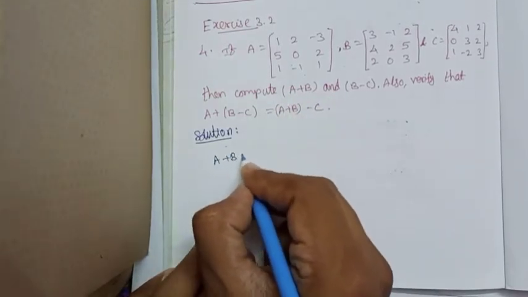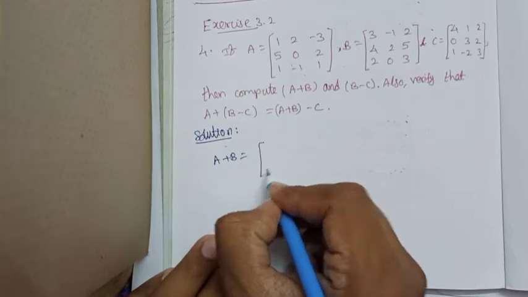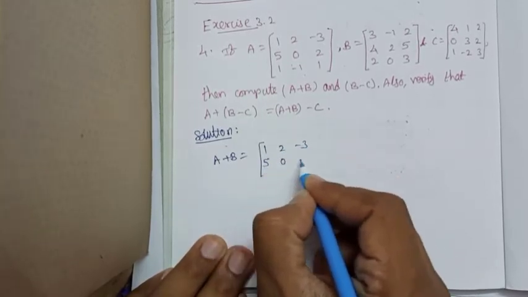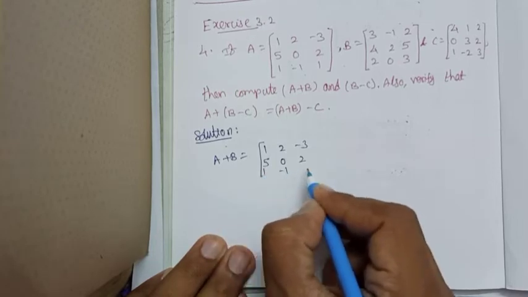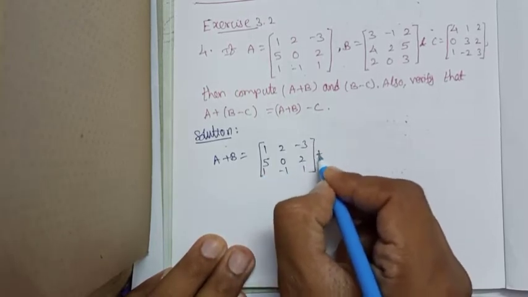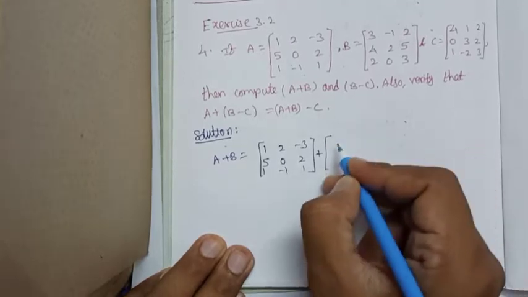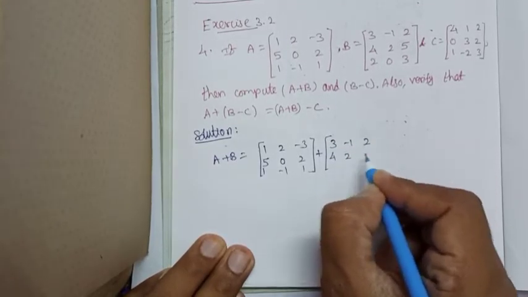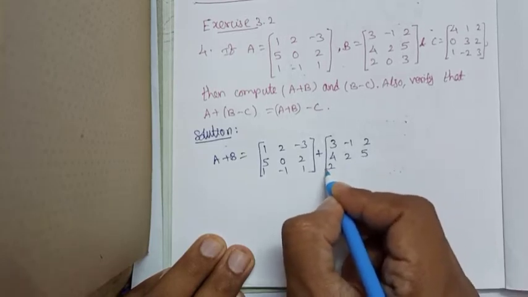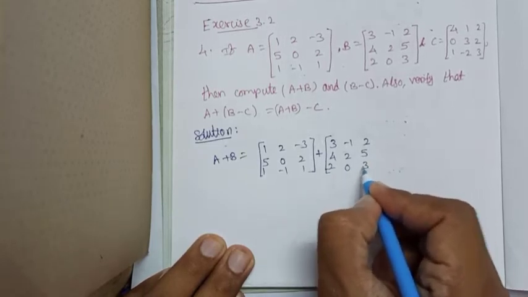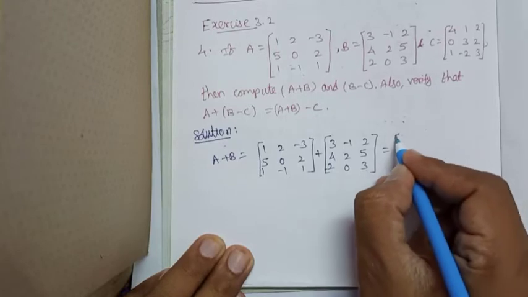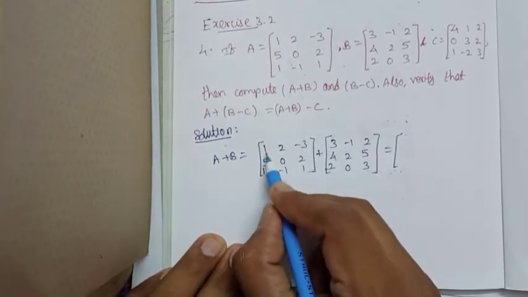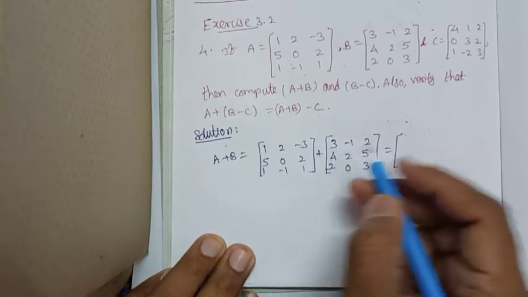A plus B is equal to the given matrix A, which is 1, 2, minus 3, 5, 0, 2, 1, minus 1, 1, plus the B matrix 3, minus 1, 2, 4, 2, 5, 2, 0, 3. We have to add two matrices, that is, add the corresponding elements.